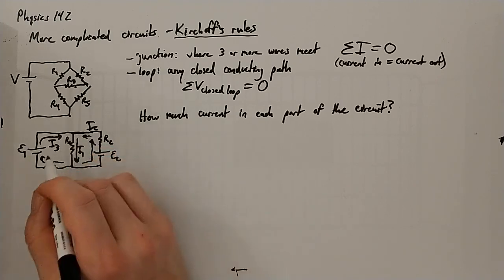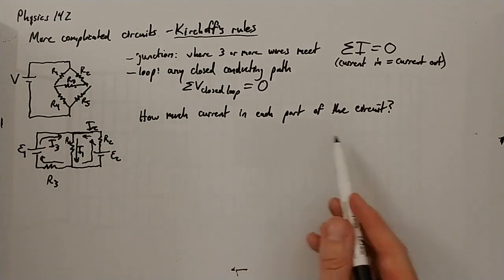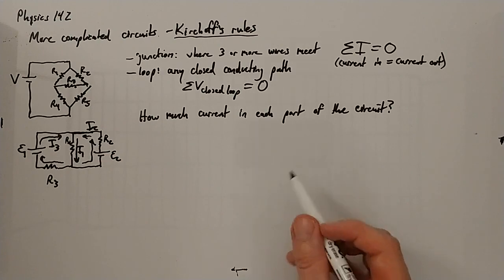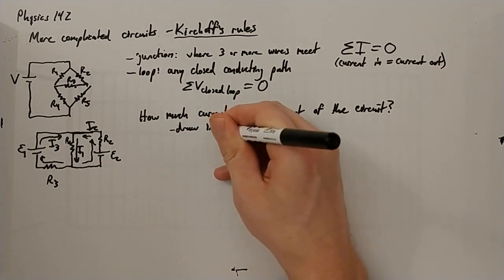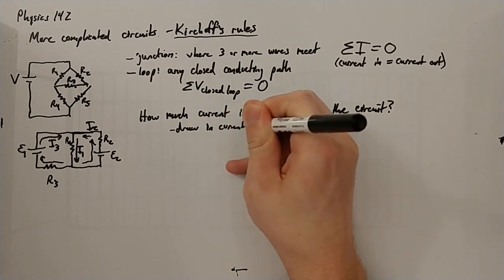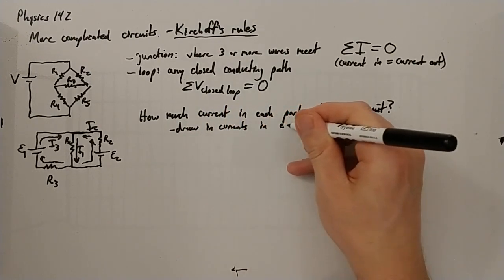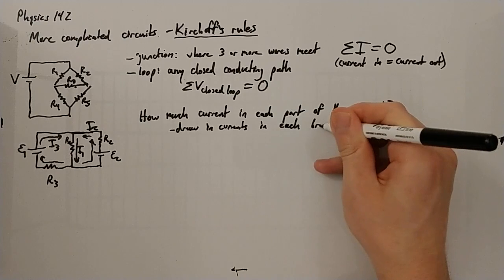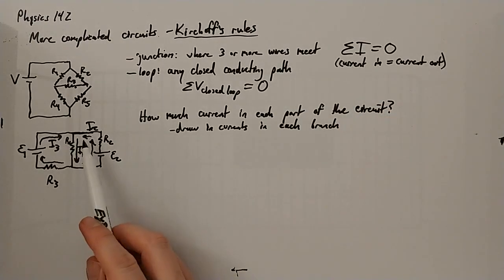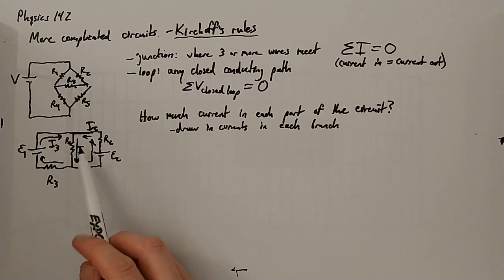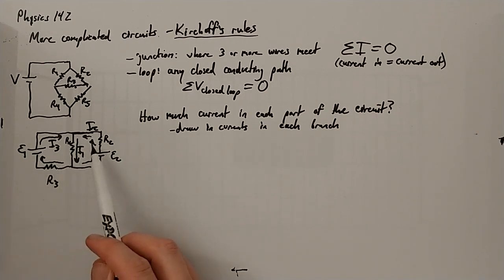So the general procedure, if you're faced with a problem like this, is that the first step is to draw in the currents in each branch of the circuit. Each part of the circuit that's separated by one of these junctions, you want to draw in the current. Now, you might not know the direction. The direction might not be obvious.